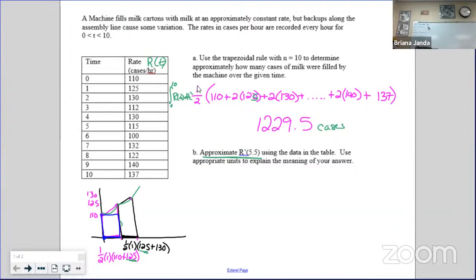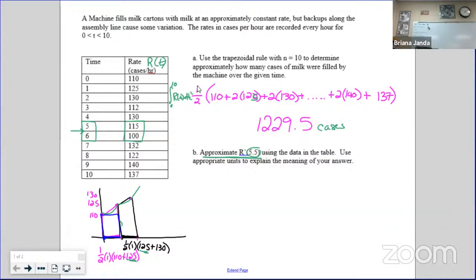When we are given a table of data and asked to approximate the derivative of what we are given, remember that it's going to be your average rate of change that sandwiches this number. So 5.5 would fall right here. I use those two pieces of data in my average rate of change formula, or the slope of the secant line that would go on either side of 5.5, right?